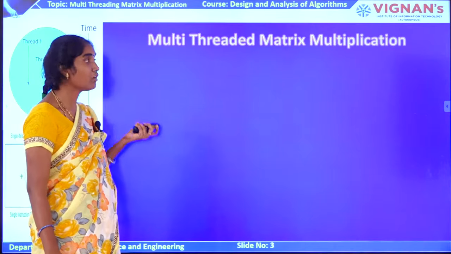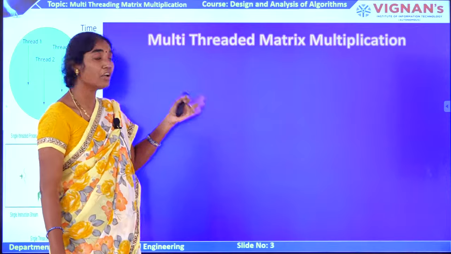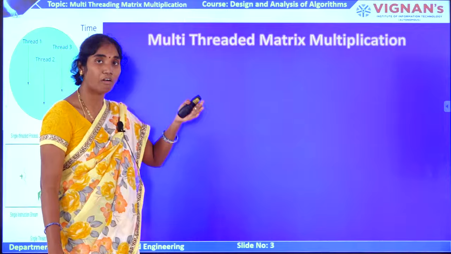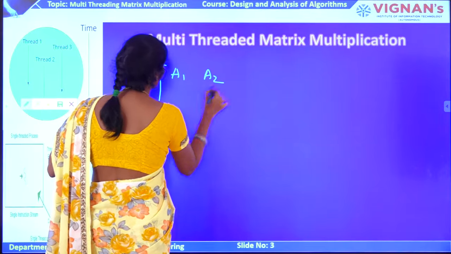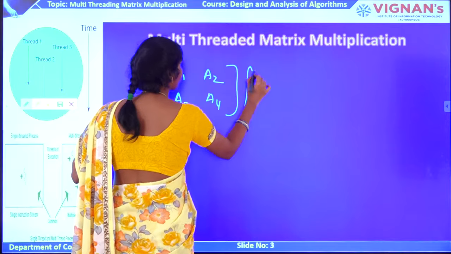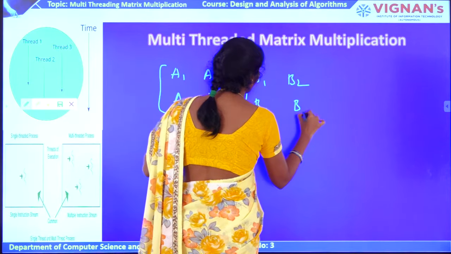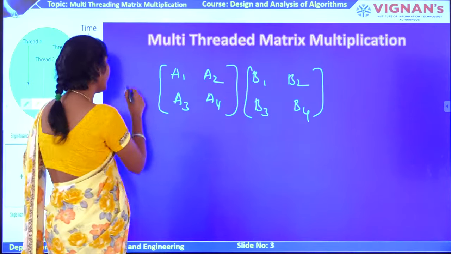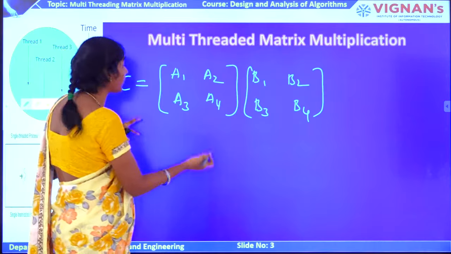Now, how do we perform this multi-threaded matrix multiplication? Before going to that, I want to discuss what is meant by block matrix multiplication, which you have already learned. Suppose I have two matrices, A1, A2, A3, A4 and B1, B2, B3, B4, and the result is C. To perform this matrix multiplication, how many for loops do I require?